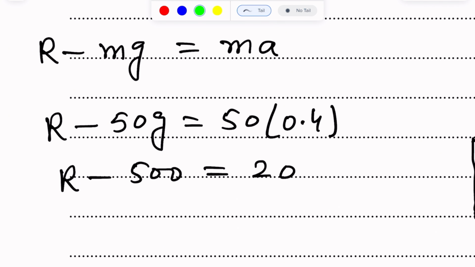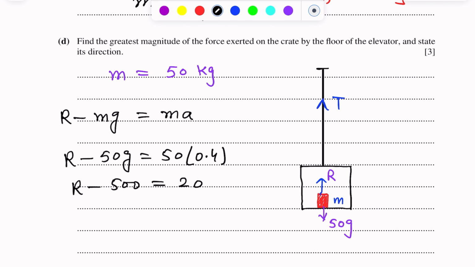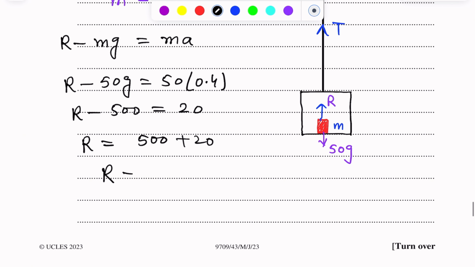But if we take this positive, then this term will be added on the right hand side, so we can get the greatest value of R. Simplifying, R is equal to 500 plus 20. So finally, R is equal to 520 Newton.